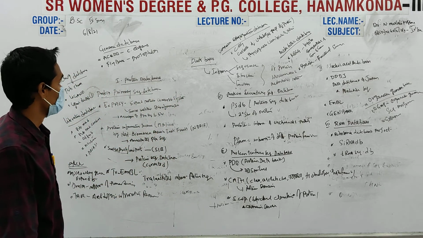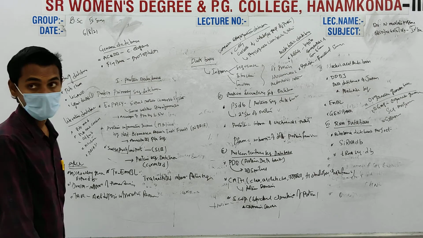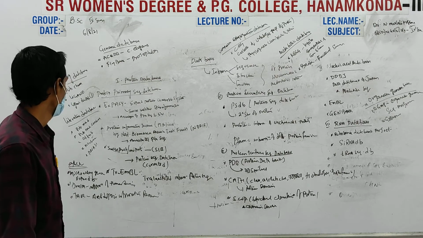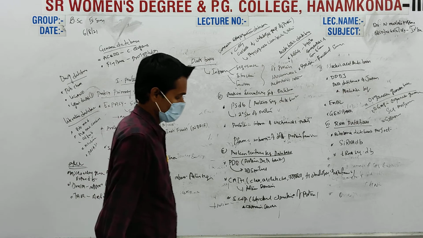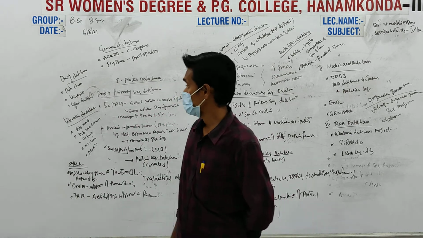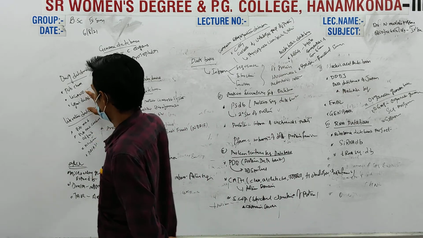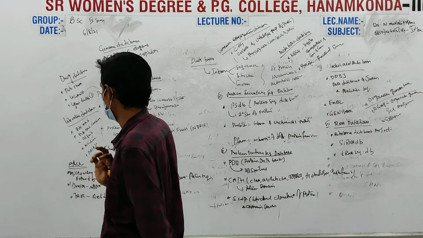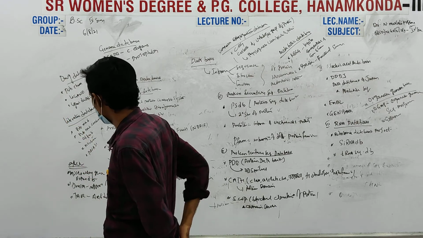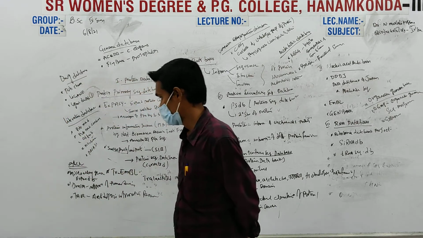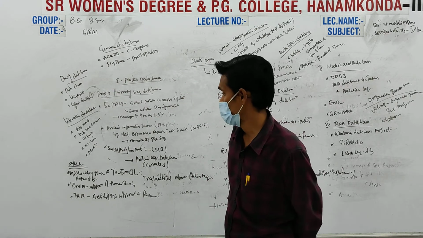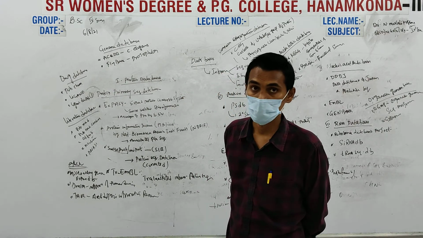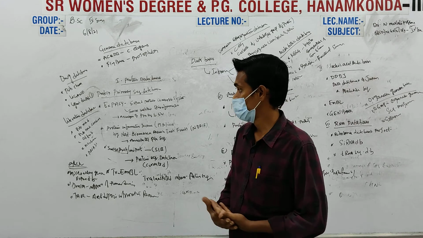Coming to the drug databases, which contain the information of drugs, we have PubChem, Ligand, and Ligand Depot. Coming to the literature databases, we have PubMed Central, Oxford, Nature, and PNAS.